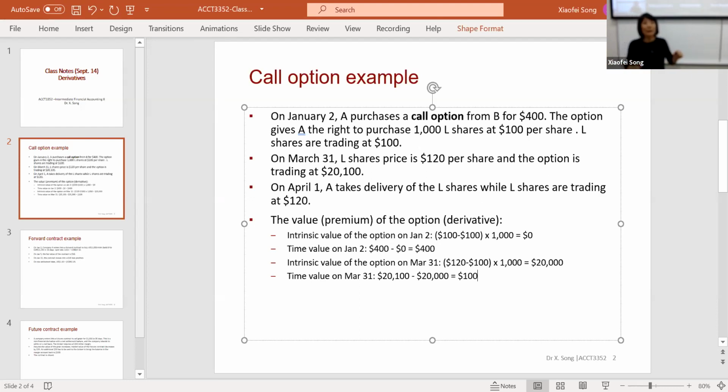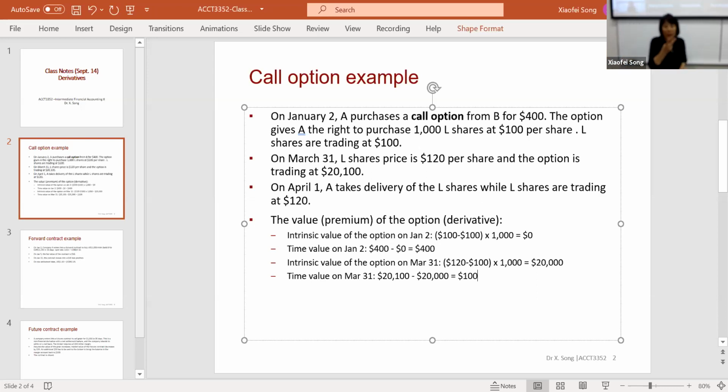Basically, if you exercise when the price is 120, you give up the time value. You're not going to wait anymore. I'm going to realize it right now, use it right now, realize the intrinsic value and give up the potential benefit of waiting longer. That's what it will be.